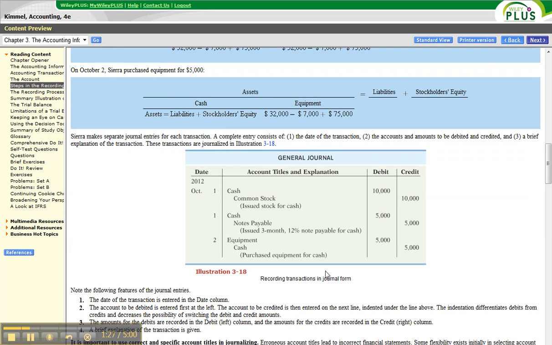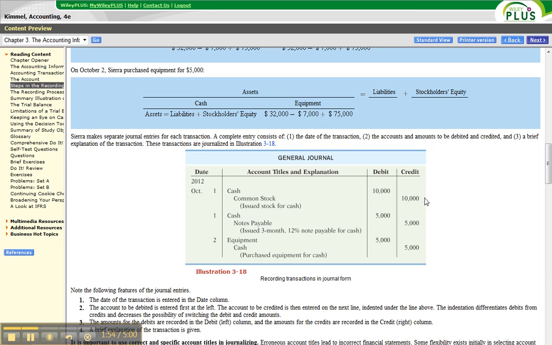This is what you'd see in the journal, because we're not recording increases and decreases like this. We're doing journal entries. So for the issuance of common stock, you would list the debits first. So cash gets debited first for $10,000. Common stock is credited for $10,000, because debits to an asset make it go up. Credits to equity accounts make it go up.